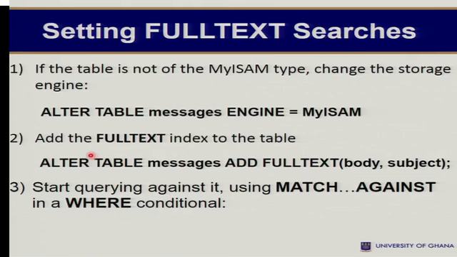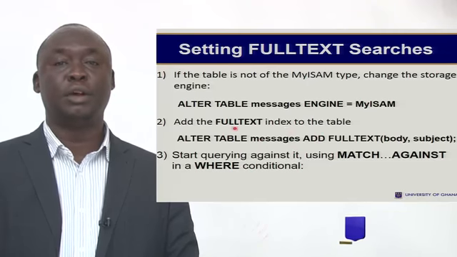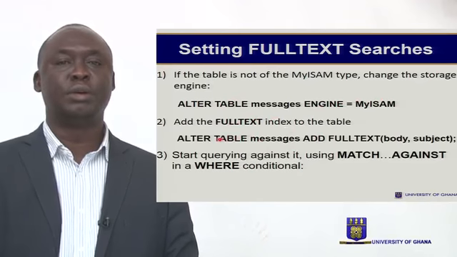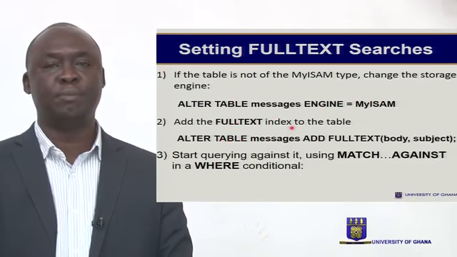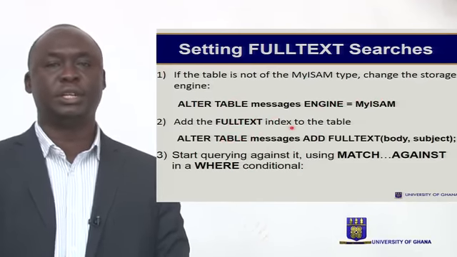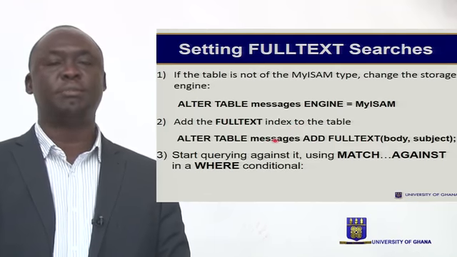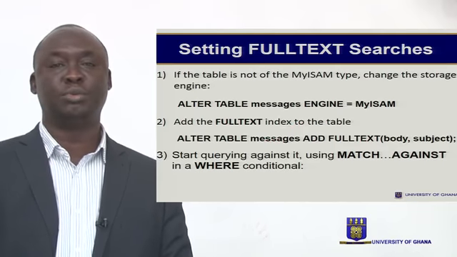Then the next thing is we add the full text index to the table. After converting the storage engine of the table, what we have to do next is to apply the full text index on the table. And also that can be achieved by using the ALTER TABLE command.